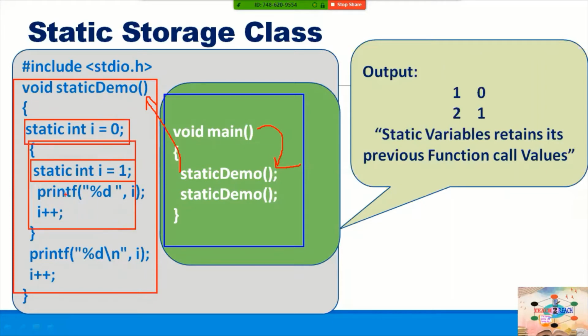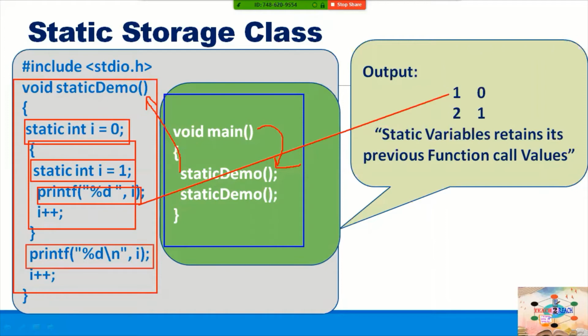In this inner block, if we execute this printf statement, immediately it will display the inner block static variable value 1. You can see that output 1 over here. Then whenever it comes out of the block, this printf statement will be executed.